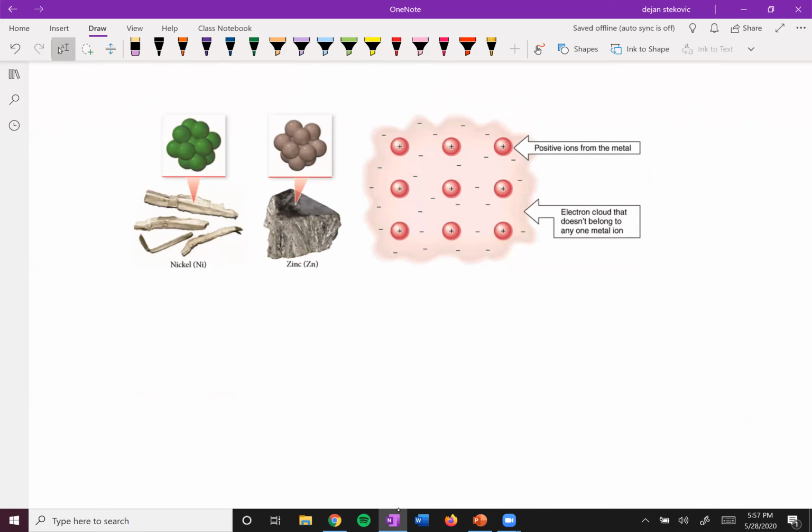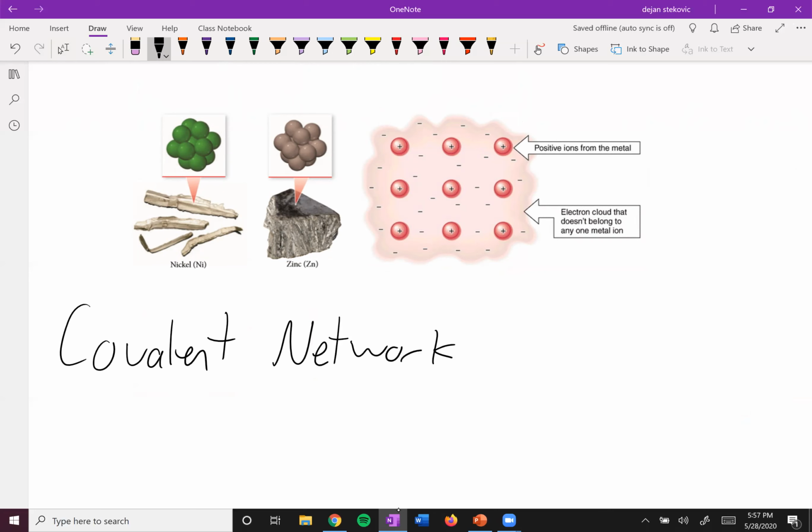After that, we have covalent networks, or covalent network solids. These are solids made of an infinite amount of covalent bonds.